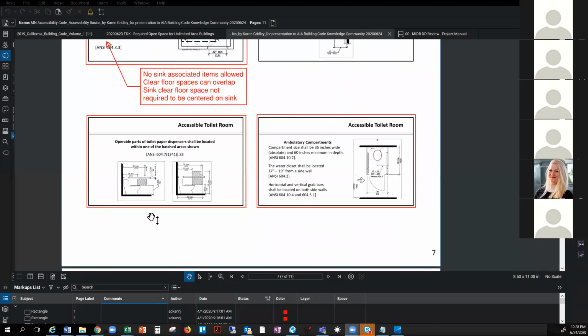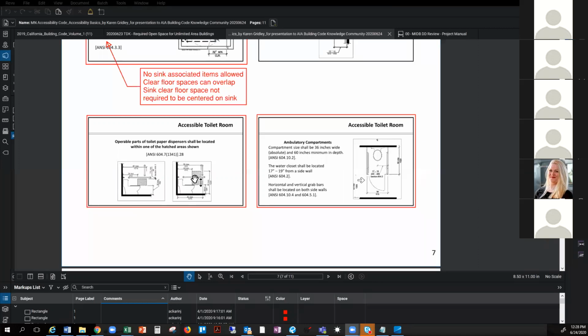Same thing with the paper towel dispensers. Got the same question about that. Is there anything in here that says what that depth has to be? Can it be more than 4 inches? And the answer is yes. According to my conversation with Karen, there is no dimension that's dictating that it has to be within a certain depth.